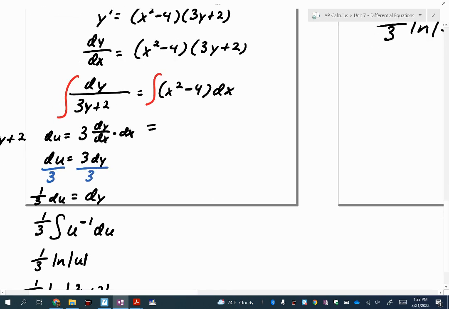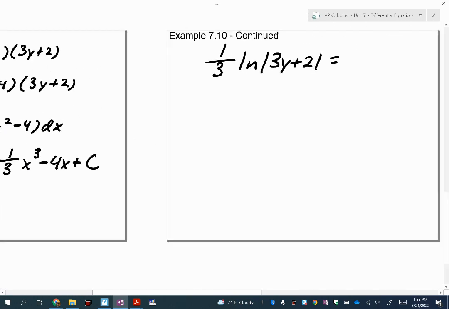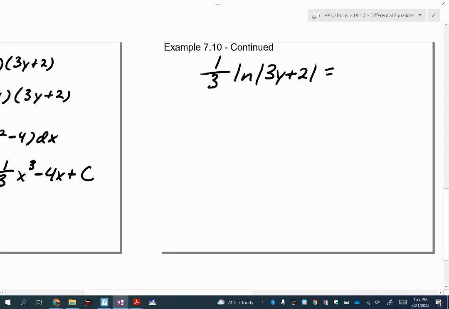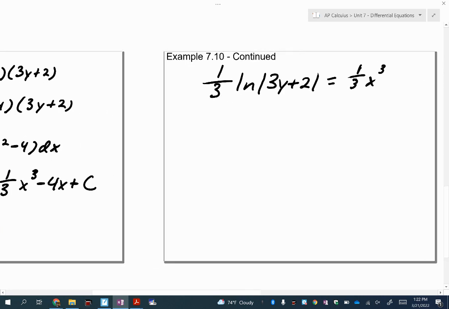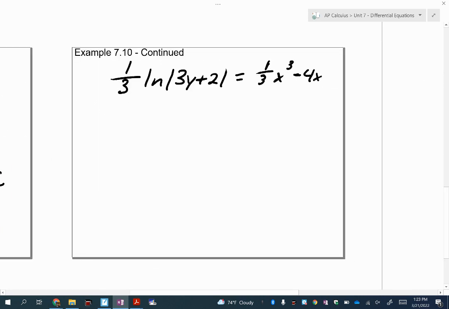This one is going to be 1/3 x cubed minus 4x, and I'm going to put the plus c, even though both sides should have plus c. What they want you to do on the AP exam is just put the plus c on the right-hand side. So 1/3 x cubed minus 4x plus c.